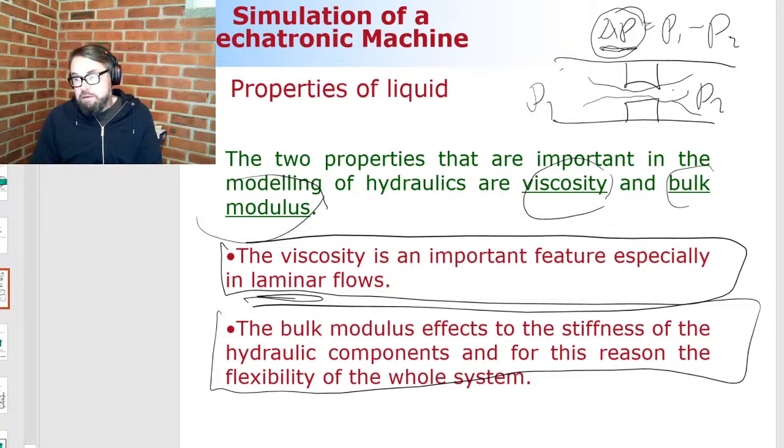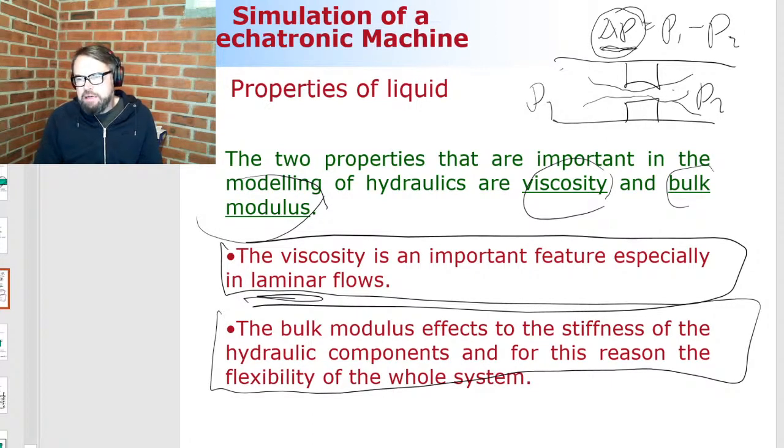And as mentioned here, it is a description of flexibility. It's a similar kind of quantity to the elastic modulus used in the strength of mechanical structures. So it defines how stiff a system is.